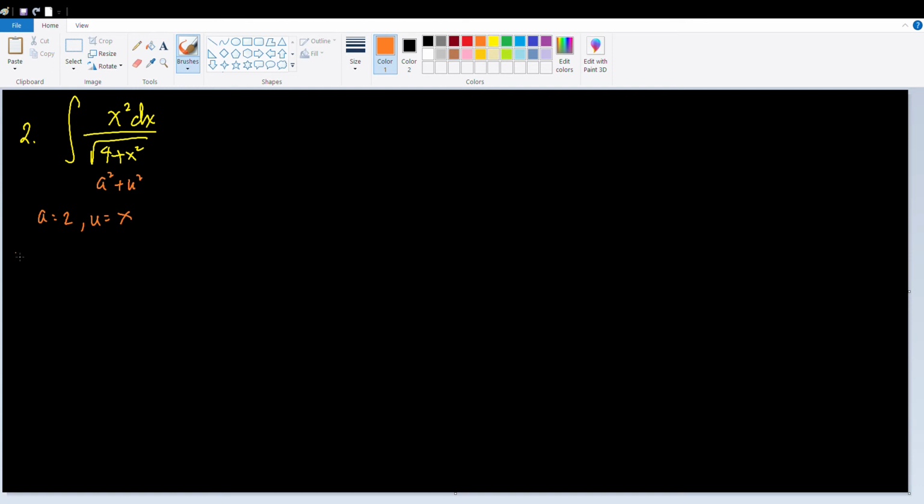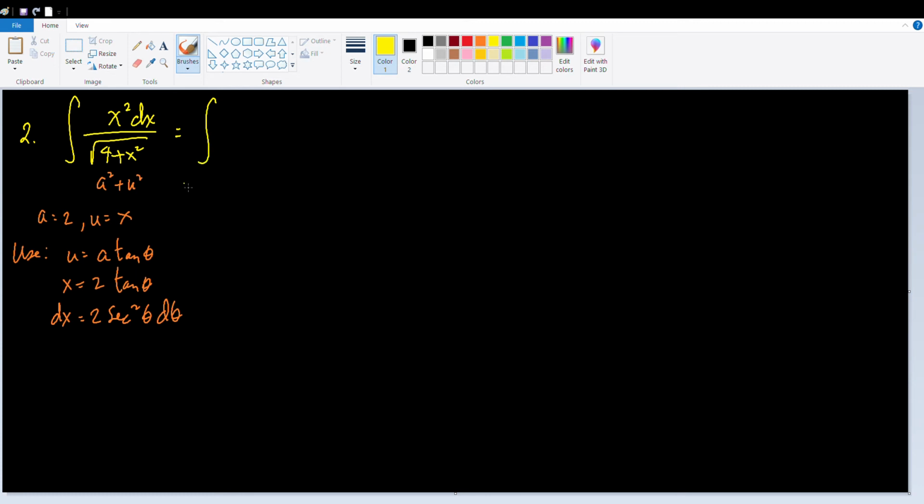So, what do we use for a squared plus u squared? U equal to a tangent of theta. So x is equal to 2 tangent of theta. Taking the differential of both sides, dx is equal to 2 secant squared theta d theta.